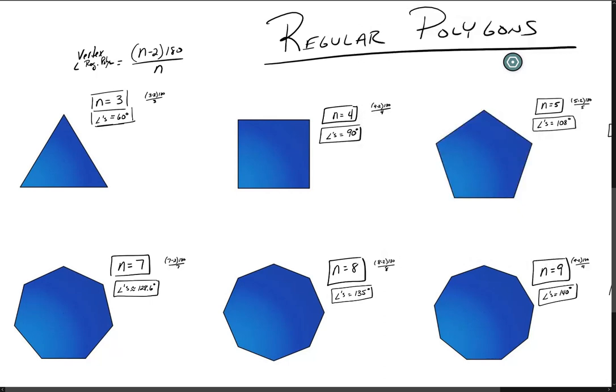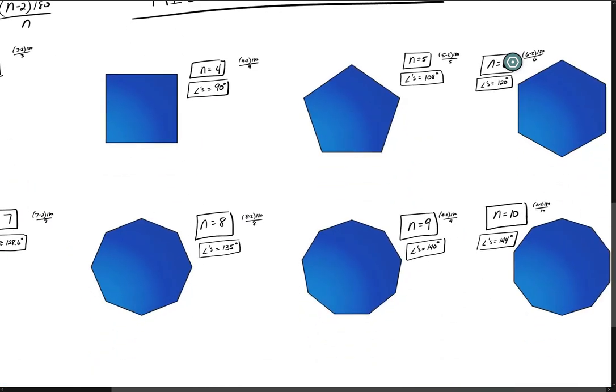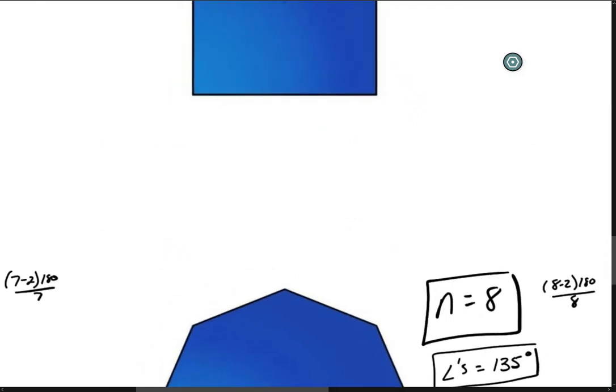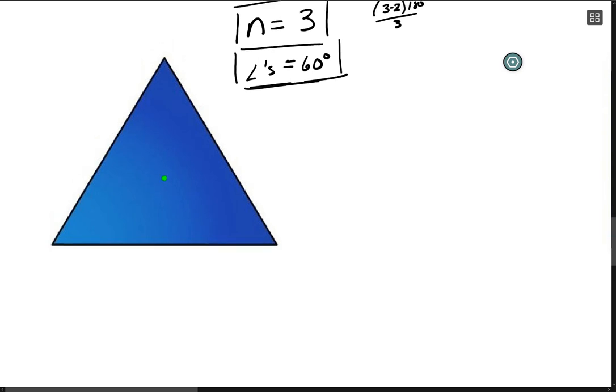Okay, what we're going to do is I want to draw the apothem and the radius for each of these and look at what type of triangle we created. Okay? So let's start with a regular triangle.